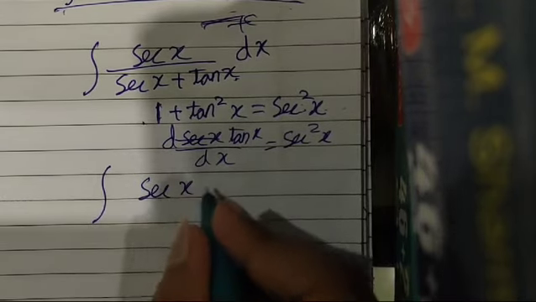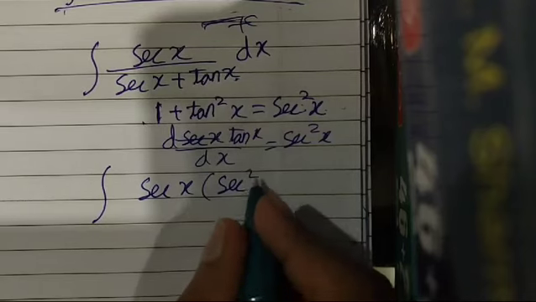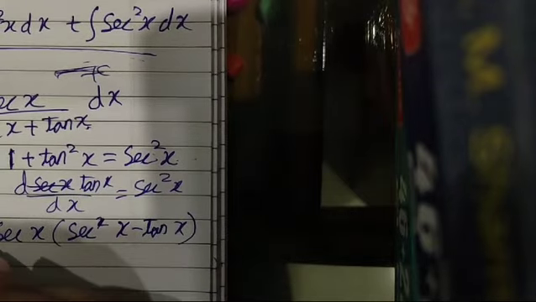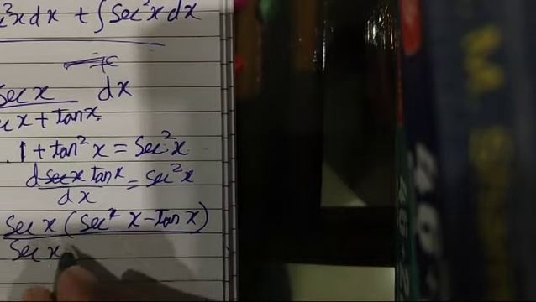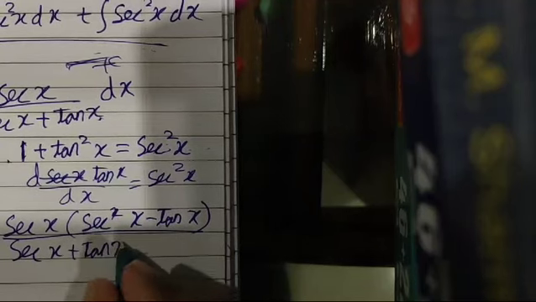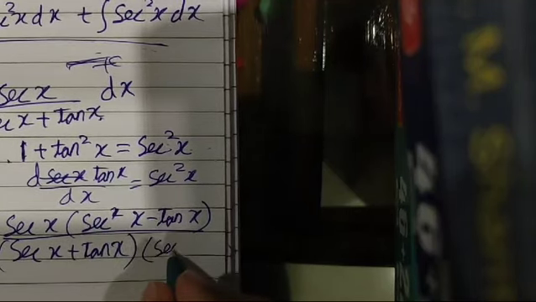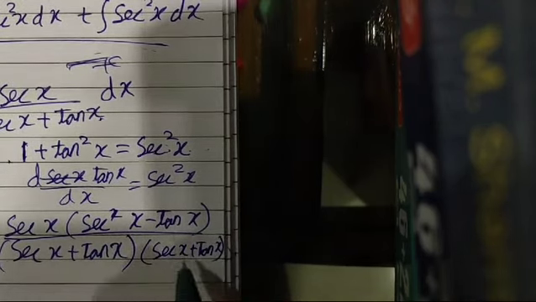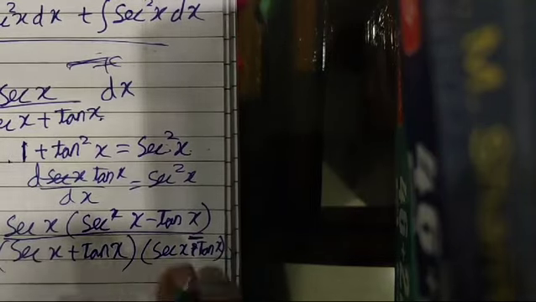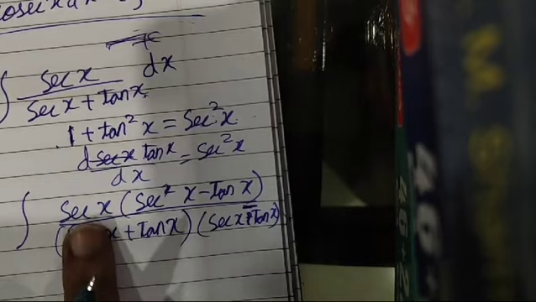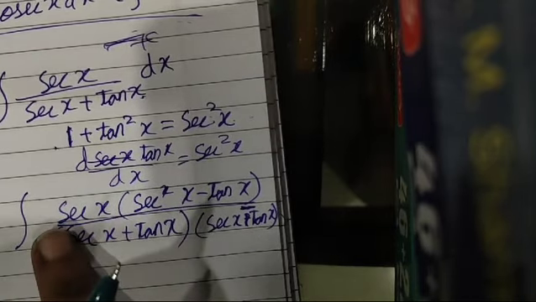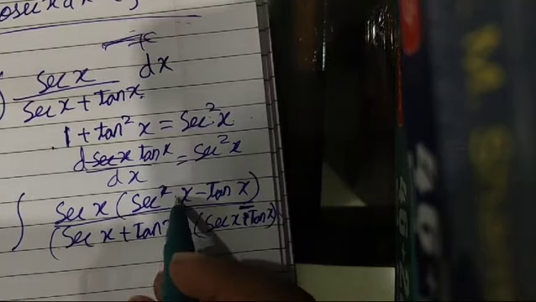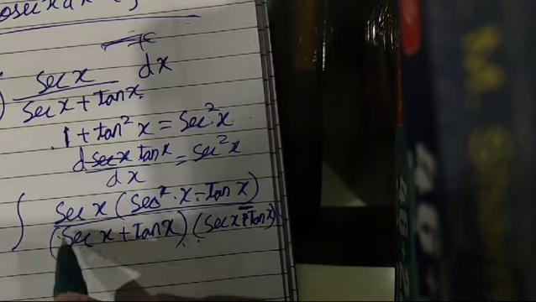So if I multiply and divide, this is obviously 1. I have not changed the function. Look at it carefully. This will cancel out, will give you the original function. I have just multiplied and divided by sec x minus tan x. This and this will cancel out to give you the original function.